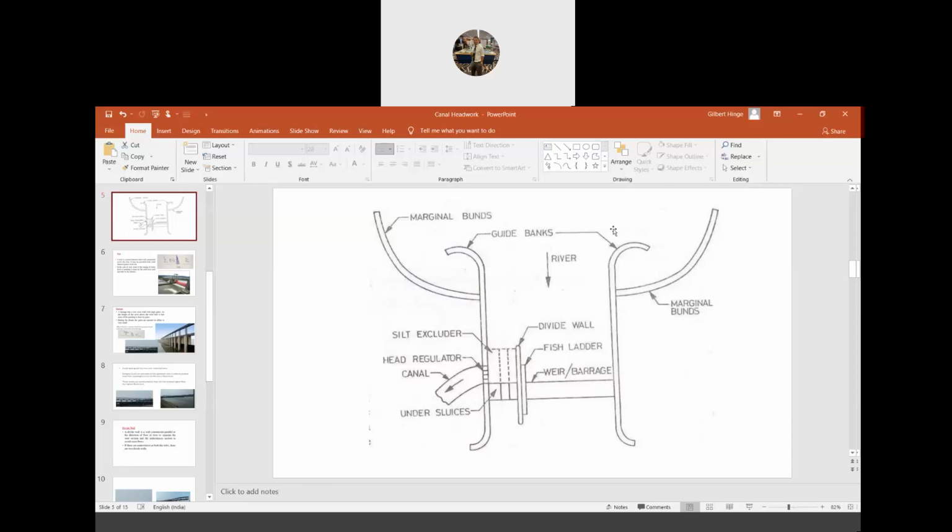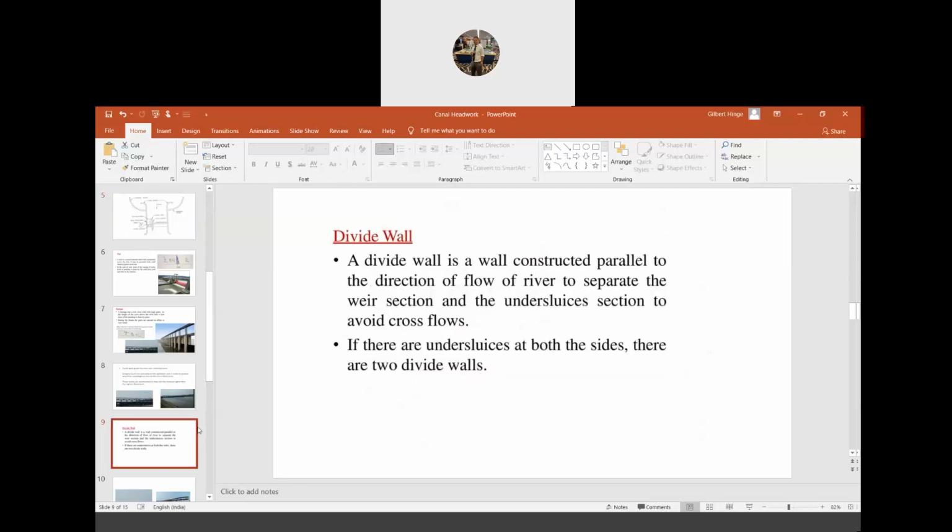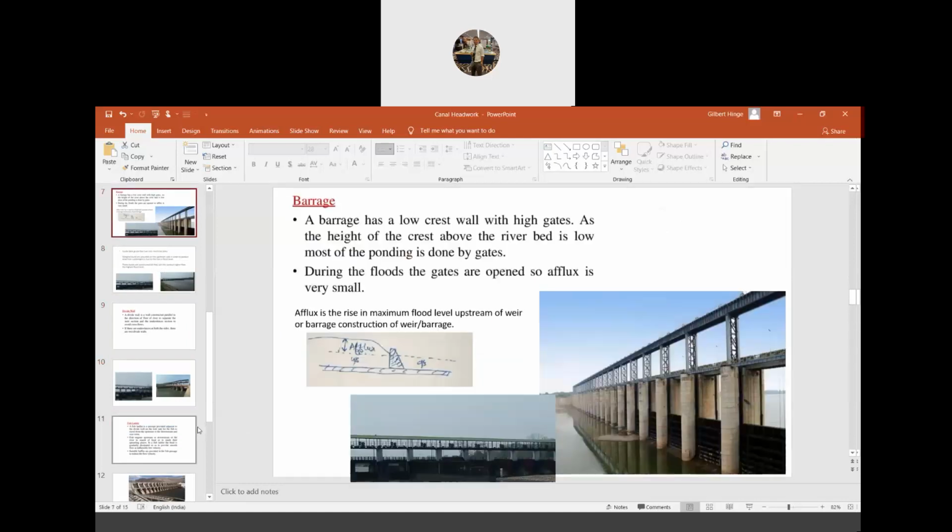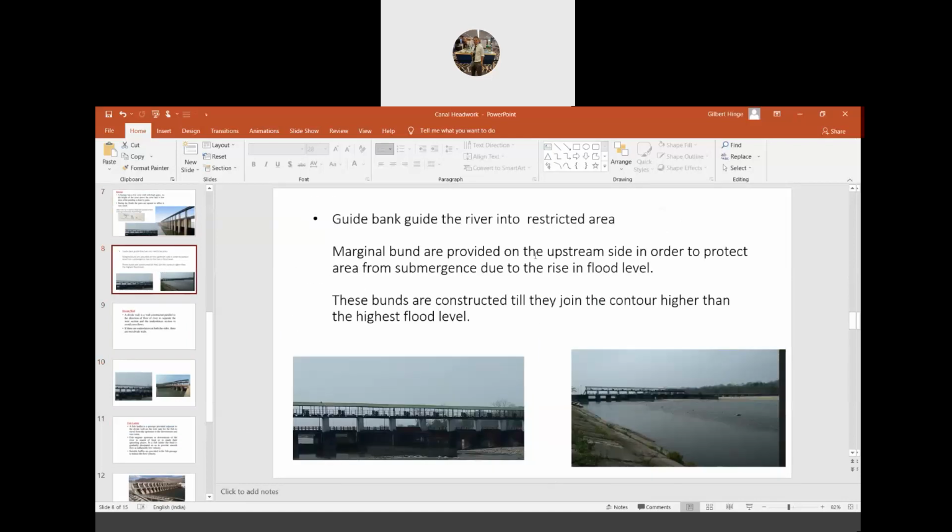So whatever water is spilled here because of the high flood water, this area will be protected by these marginal bunds. Okay, so this is the role of the marginal bunds. They are provided on the upstream side in order to protect the area from submergence due to the rise of water during flood level.